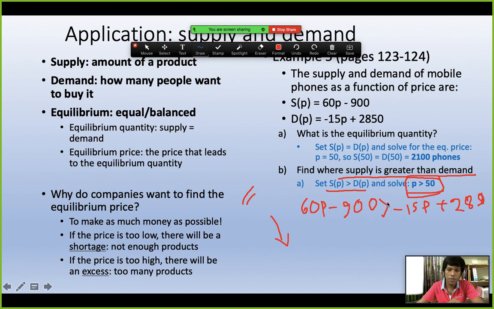Now if you solve this one, then you will get P is greater than 50. Actually it is the same thing you are getting. This was P equal to 50, but here you have a greater than sign, so it will be greater than here. So basically the same thing.